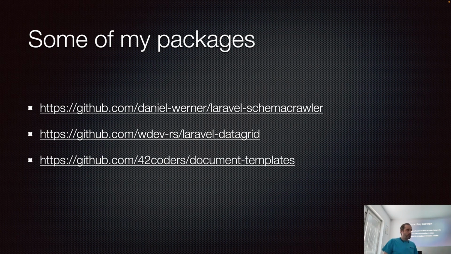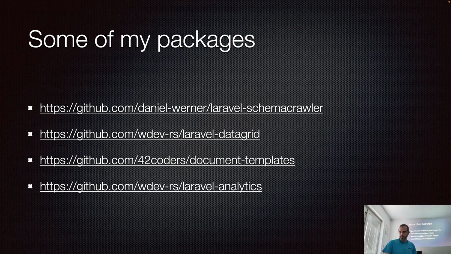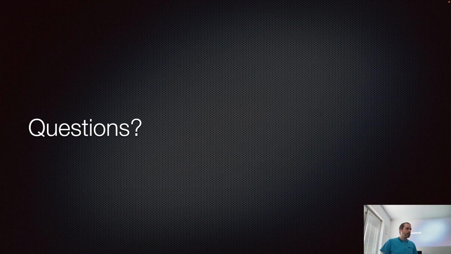We have document templates package, which can create PDFs, mailables, which can be editable, and you can put placeholders in them. So that can be used for mailing, invoicing, that stuff. I have a lot of analytics, which is a little bit more complex version of what we did, but it's still a light version that's for my own purposes. It's good enough. Any questions?